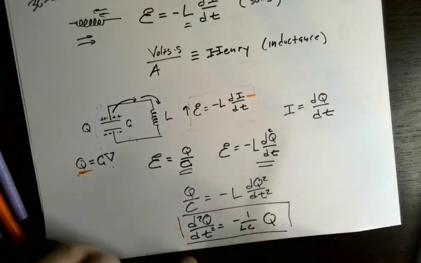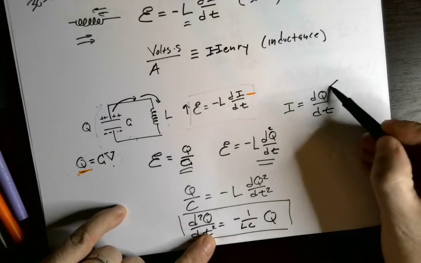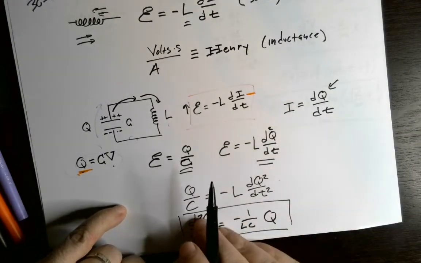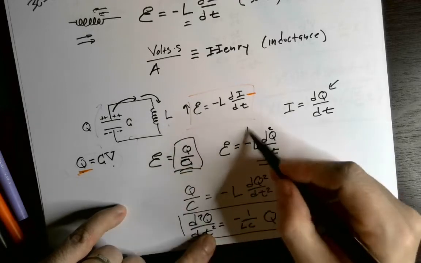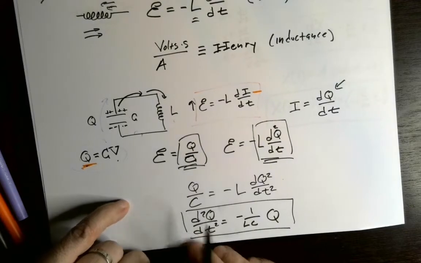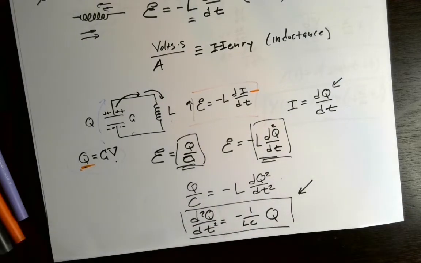And the result is a differential equation in Q. Okay? Q is our variable that changes over time. We've got one term that's proportional to Q, one term that's proportional to the second derivative of Q, and we get a second order differential equation that looks like second derivative of thing equals negative constant times thing.